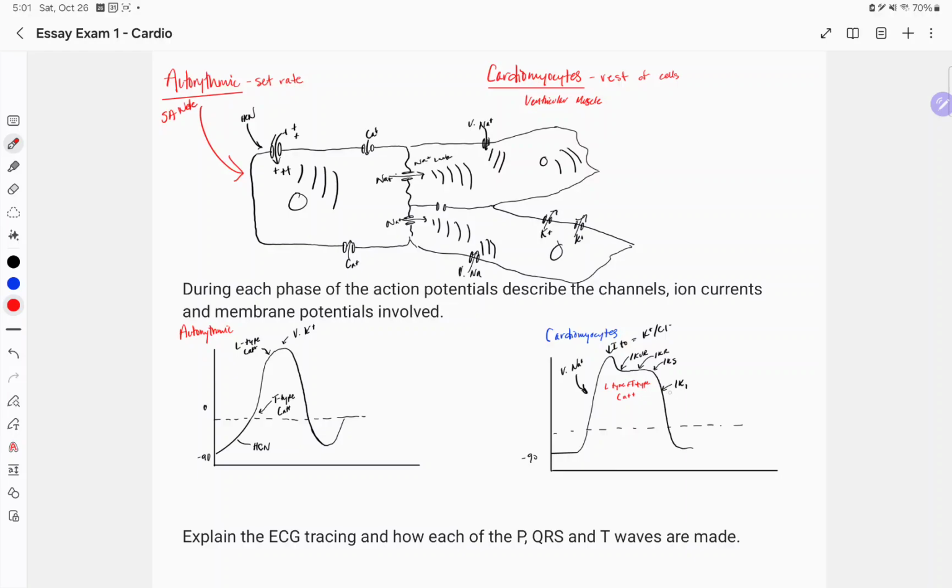So now you have all these positive charges leaving, and that's why you come back and repolarize to get to your resting membrane potential. So that's how action potentials work between these two different types of cells and the channels that are involved in those ion currents.